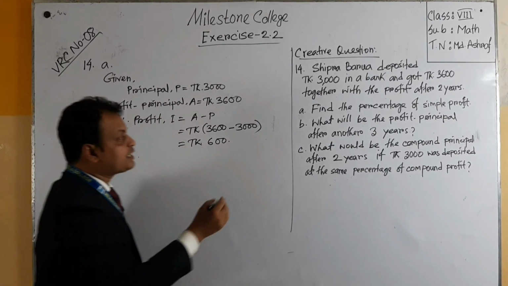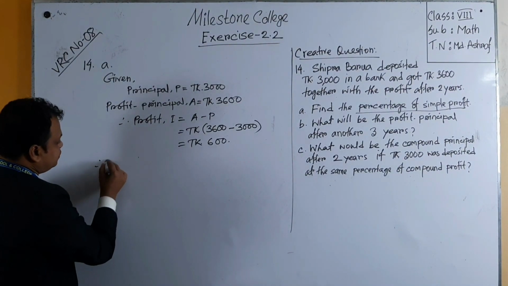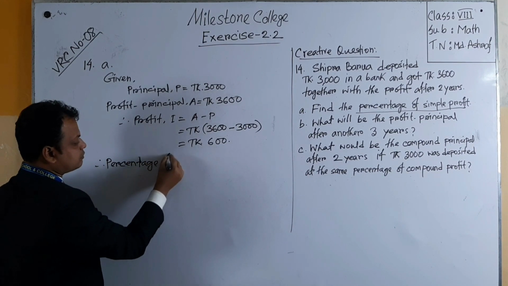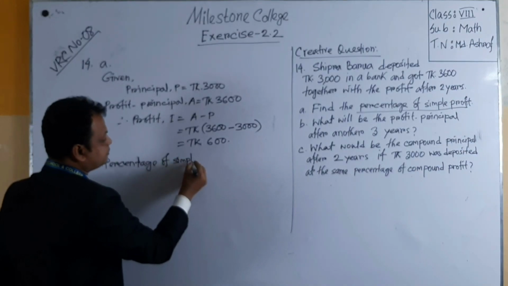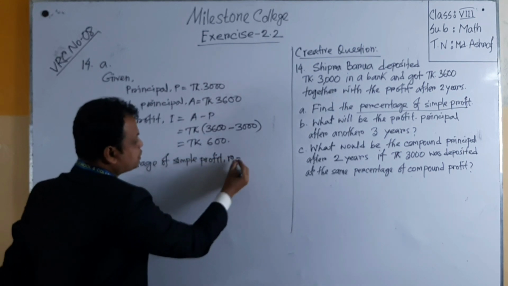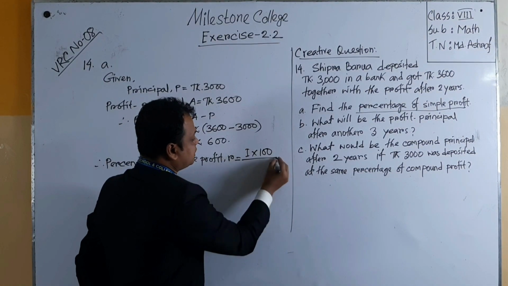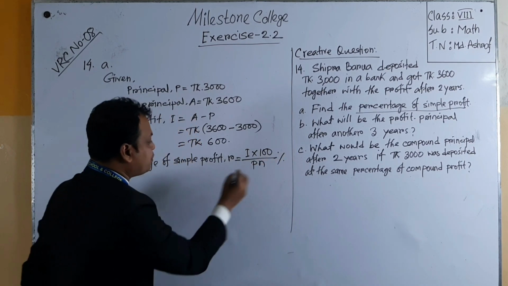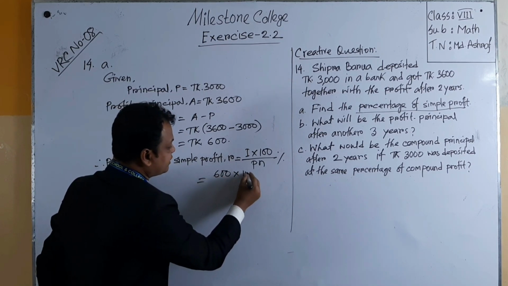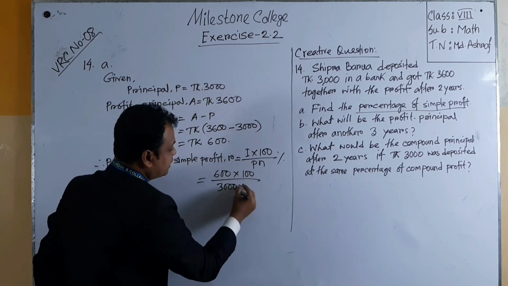Now we can find the percentage of simple profit. We'll write: therefore percentage of simple profit, R equals to, we'll write the formula directly, I multiply by 100 divided by Pn percent. Now put the value. We have got the value of I is 600 into 100 divided by Pn. What is P? P is 3000. So write here 3000 multiply n.